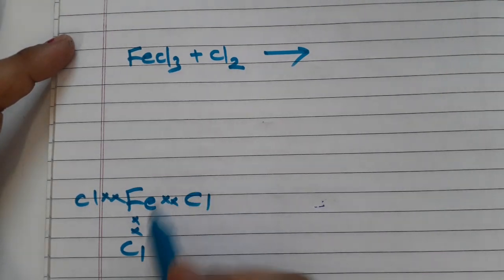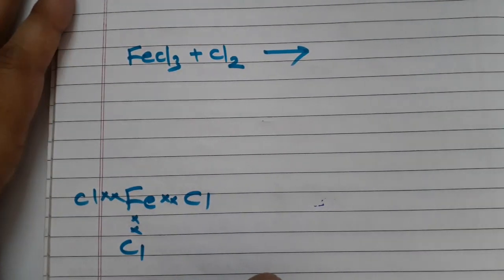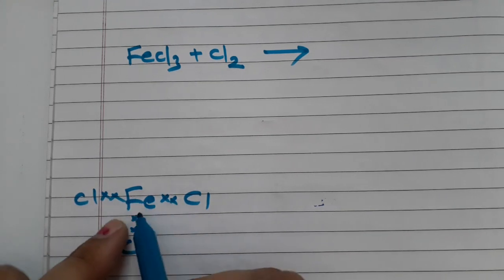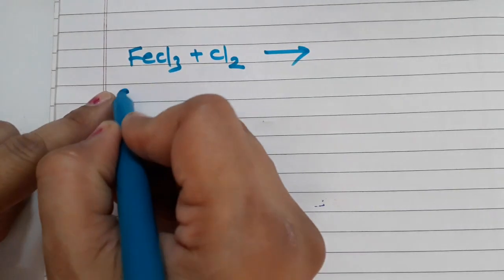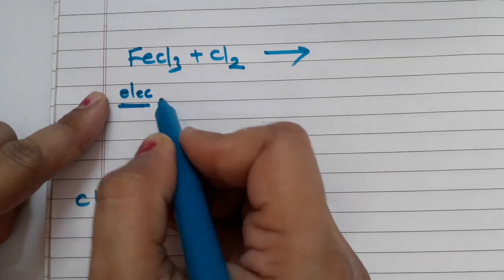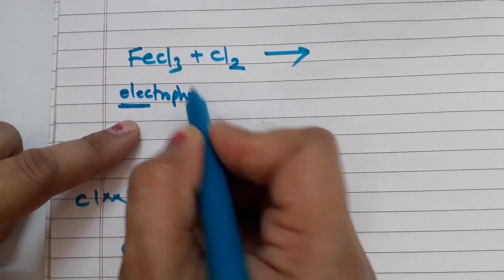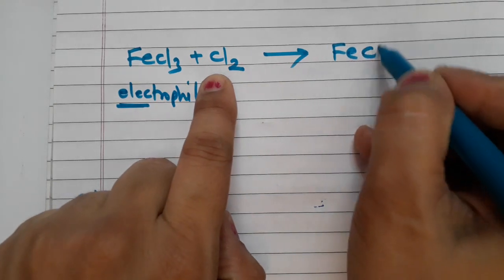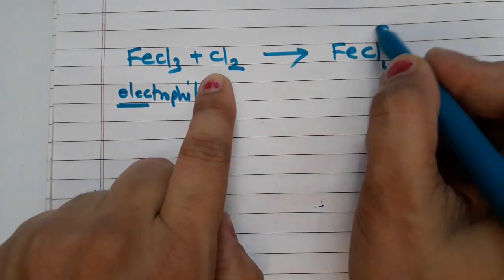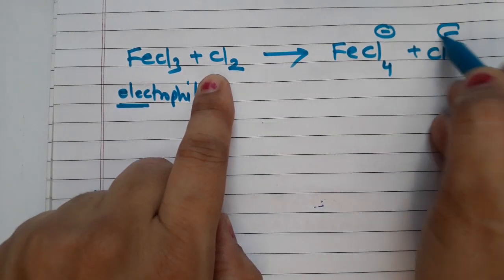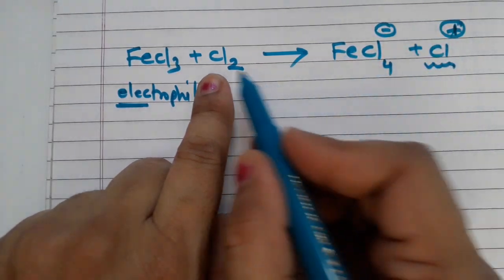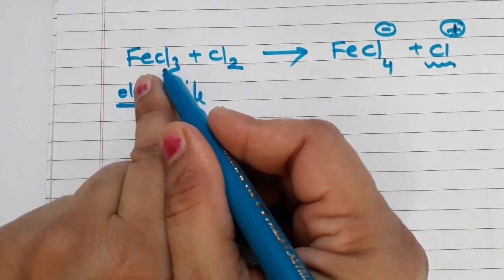So it is actually an electron deficient species and it is in need of electrons because there are only 6 electrons around Fe. So this is acting as the electrophilic reagent over here. Fine. Now it is going to take away chlorine and we'll get FeCl4 minus plus Cl plus. This will be plus because chlorine has given both its electrons to FeCl3.